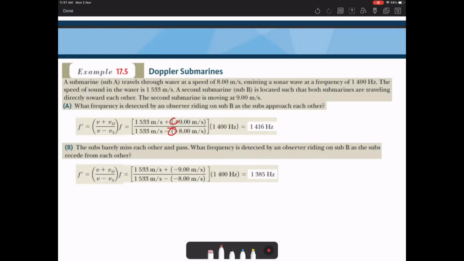So they would stick to the positive side at the top, negative side at the bottom, and they would correspond to the general situation. If you are having the source and the observer approaching one another, then the speed would be positive. And that is the case of A.